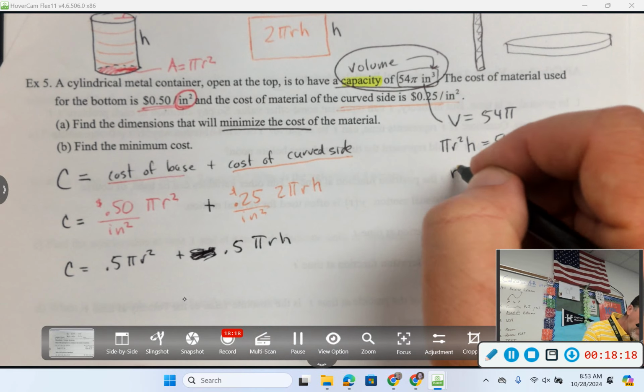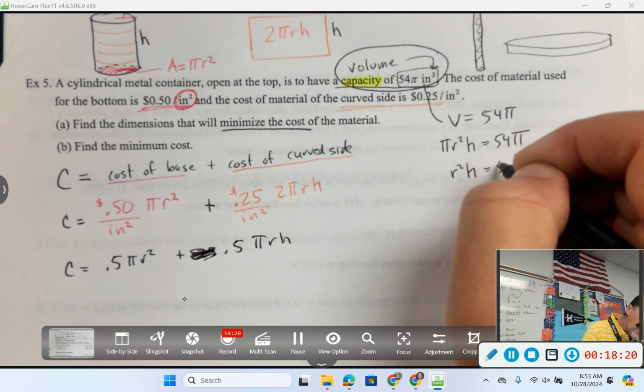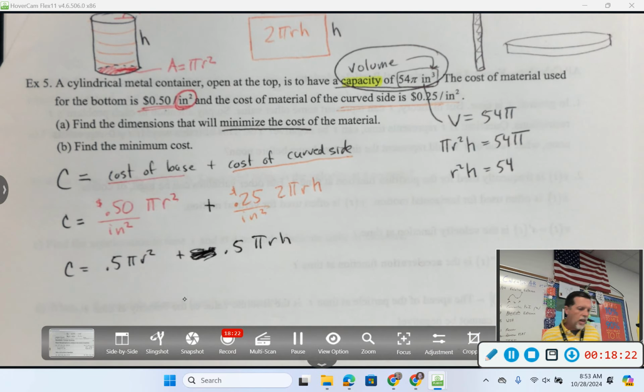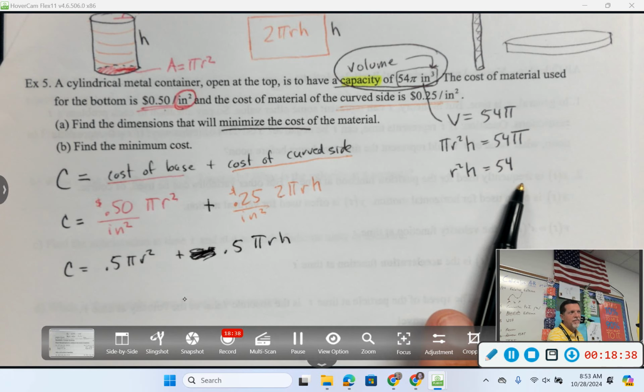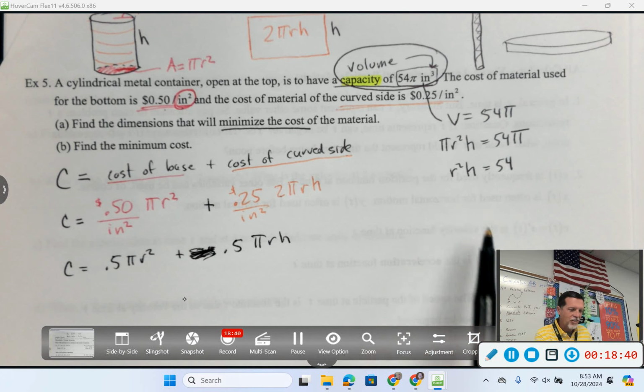I'm going to get rid of the pi right now, dividing both sides by pi. And you tell me, would you like to solve for h or for r? If you solve for r, you're going to have to do a square root. So I think I would solve for h.